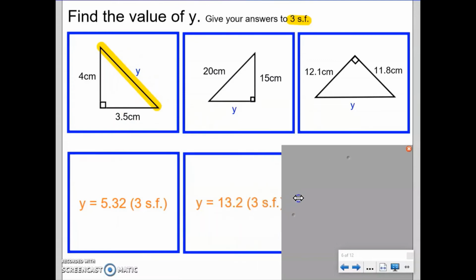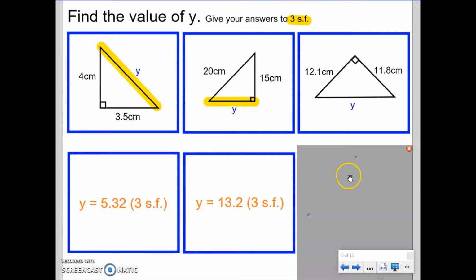For our second question, the answer is 13.2 to 3 significant figures. So this distance here is 13.2. Because in this question we're working out one of the shorter lengths and we already know that the hypotenuse is 20, we will be doing a subtract during our calculation.